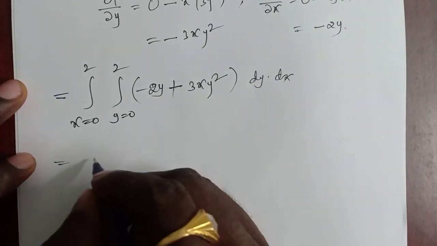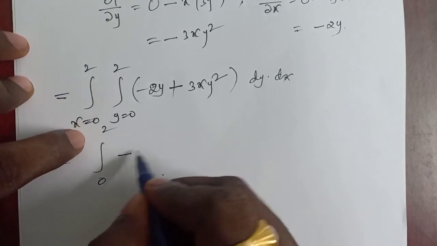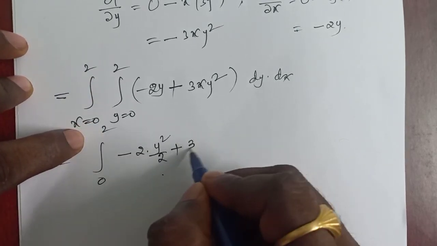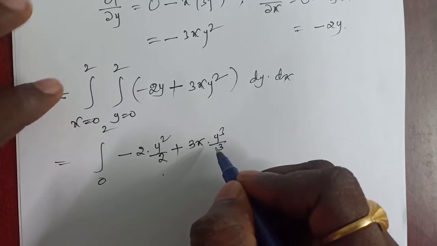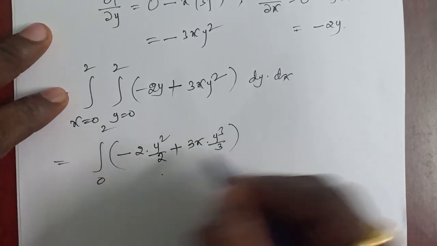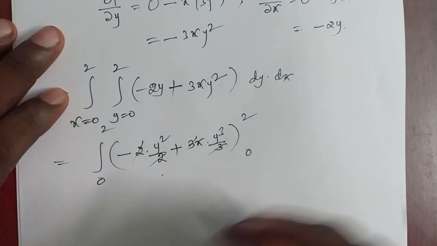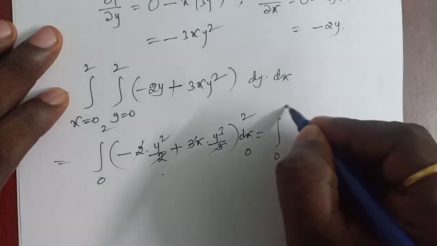Now from 0 to 2, so minus 2 into, for y it is y square by 2, plus 3x, for y square it is y cube by 3, from 0 to 2. So 3 gets cancelled, 2 gets cancelled. Now substitute the boundaries into dx.